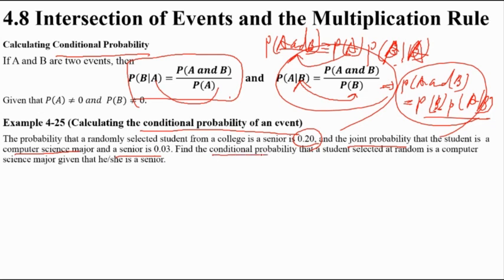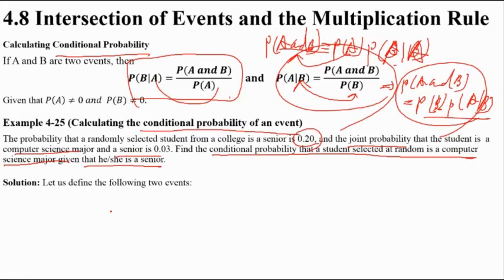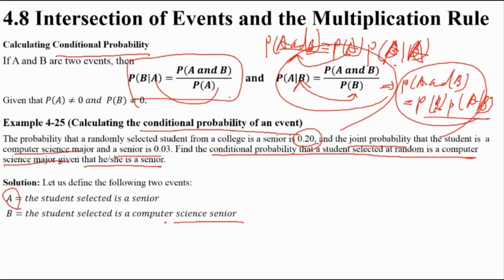So find the conditional probability: a student selected at random is a computer science major, given that they are a senior.